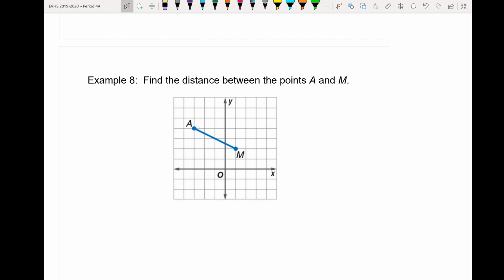Example 8. This is one where I said I'm just going to jump in and out of Pythagorean theorem. I'm going to go ahead and just find my 2 pieces here because I can see that this vertical distance is 2 and this horizontal distance is 1, 2, 3, 4.